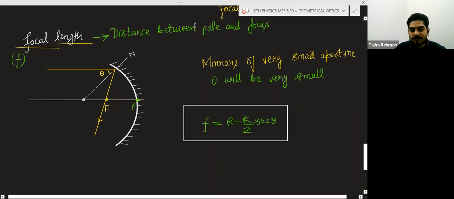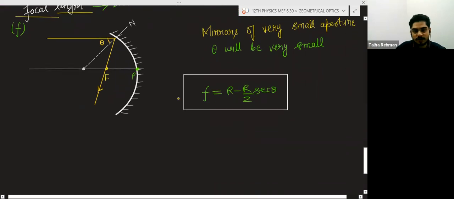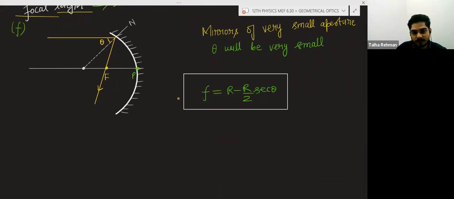But this theta is very small, as the aperture is very small. If theta is small, then you can write sine theta approximately equal to theta.